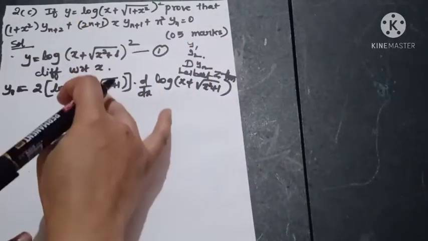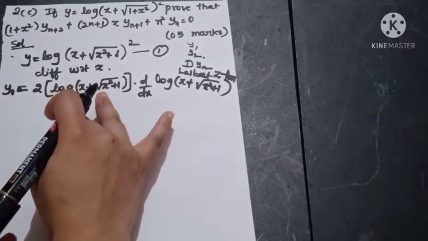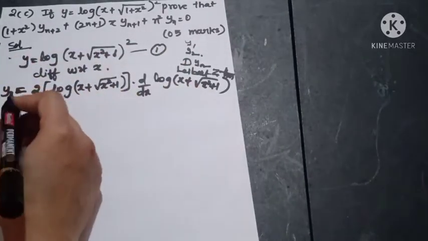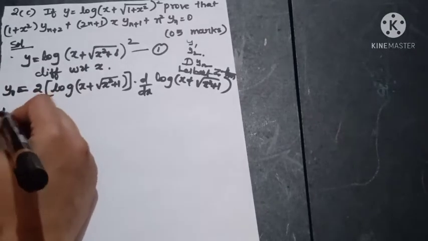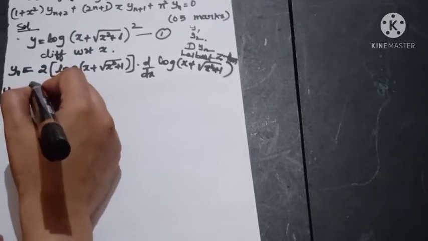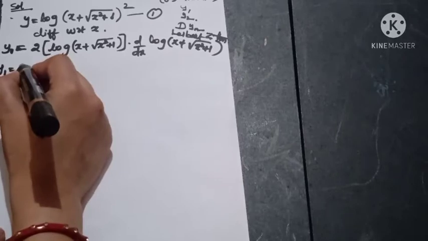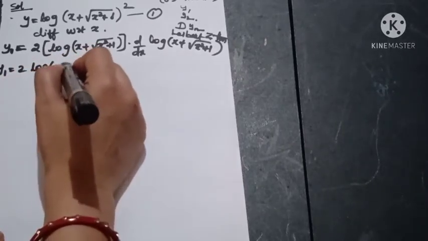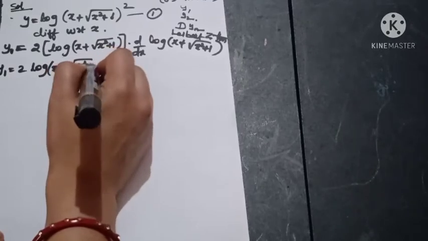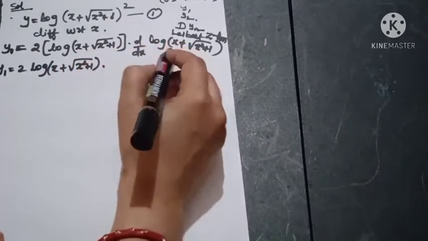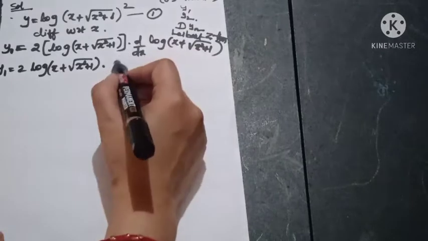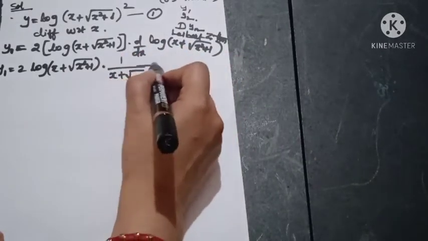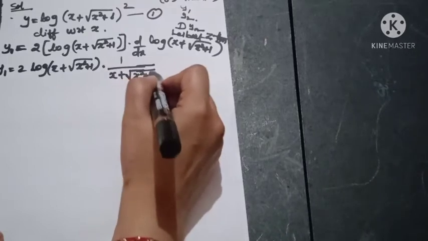So 2 times the log function into differentiation of this log function. So what we get is y1 is equal to 2 log x plus square root of x square plus 1 into differentiation of the log, which is 1 over the given thing, x plus square root of x square plus 1.